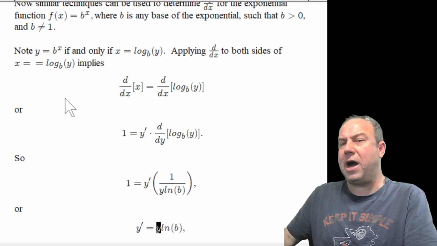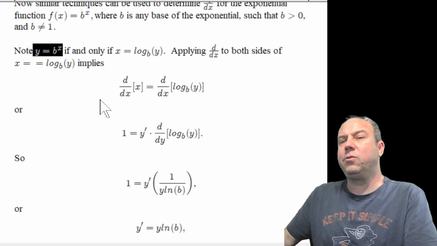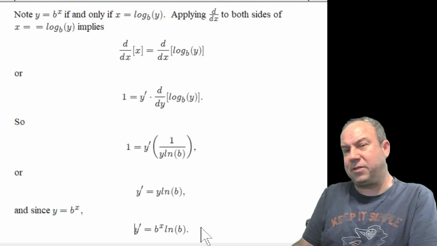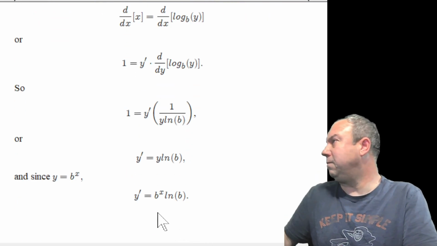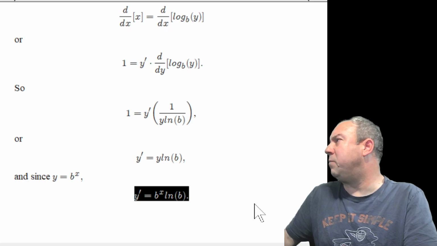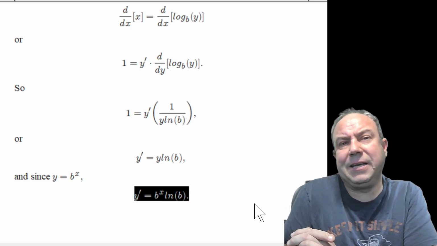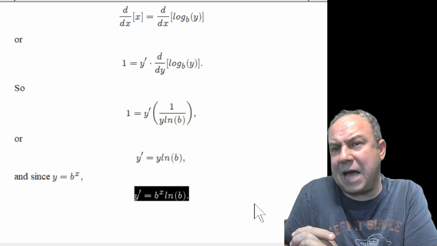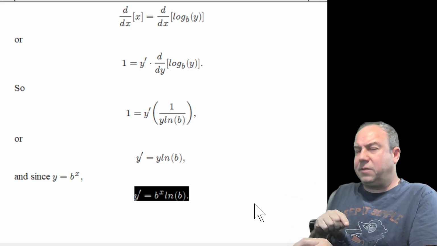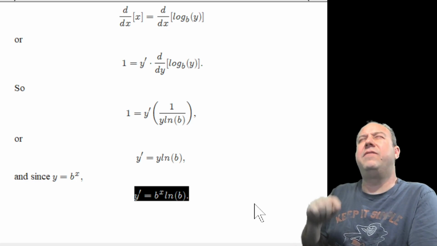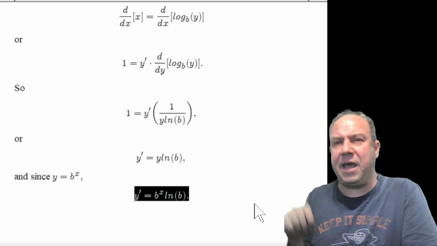This value of y right here is equal to the value of b to the x, so we can substitute back in for that value. And we're able to say y prime is equal to b to the x times the ln of b. Right? And this becomes our result for the derivative of an exponential function with any base b.